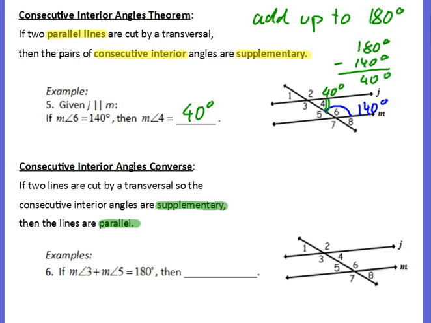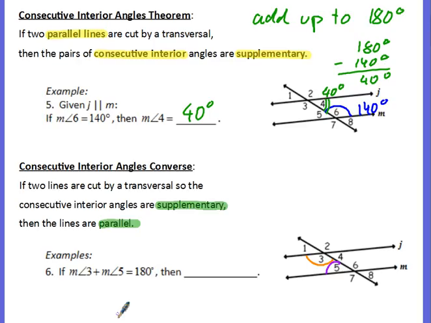So let's look at angle 3 and angle 5. Let's locate them first. We got angle 3 right here. We don't really know what the measurement of angle 3 is. We know that angle 3 is an obtuse angle. But then we also got angle 5, which is the consecutive interior angle.